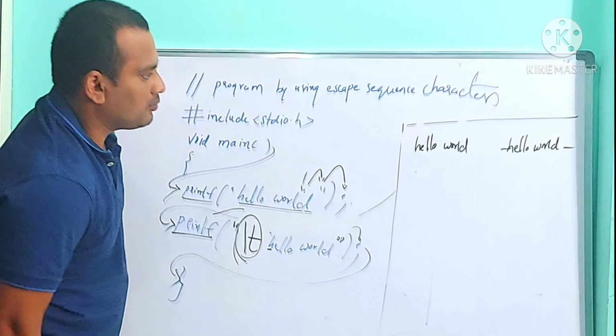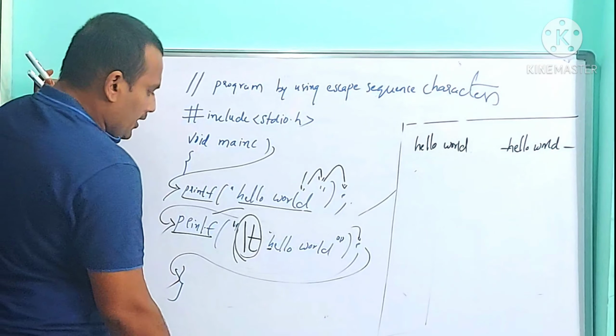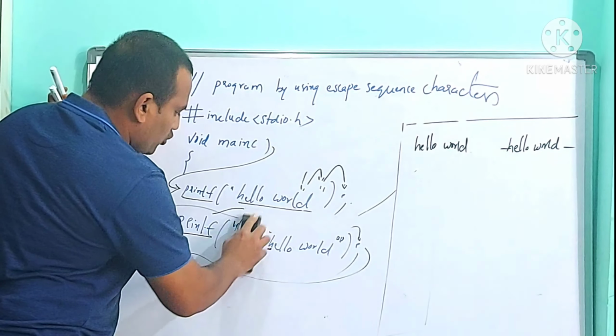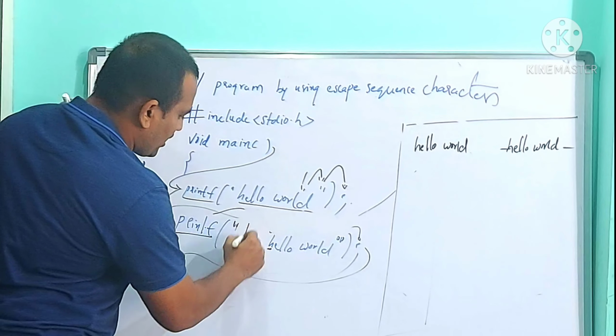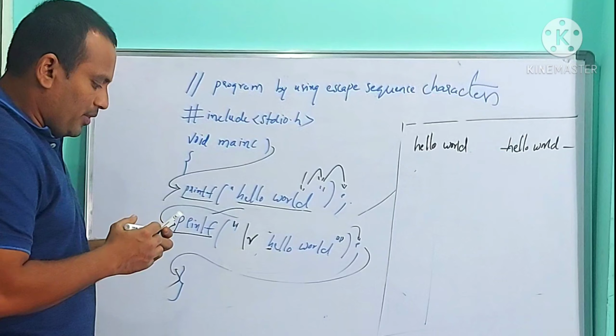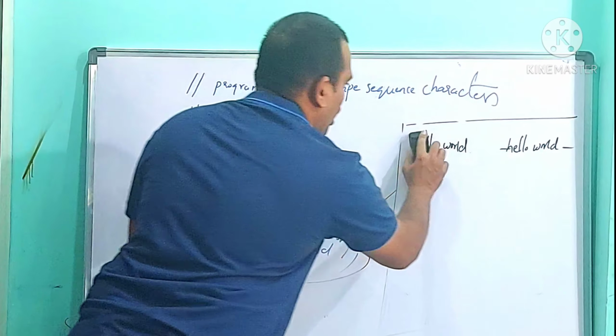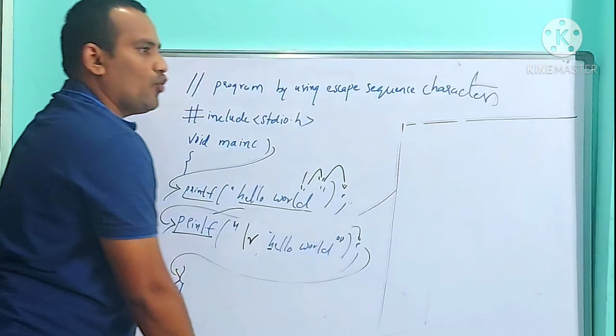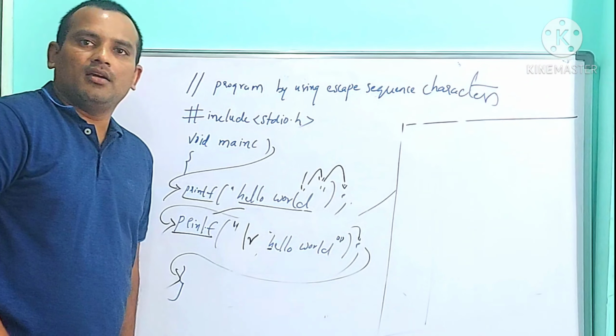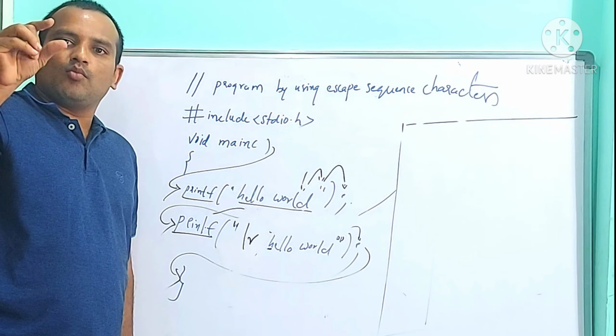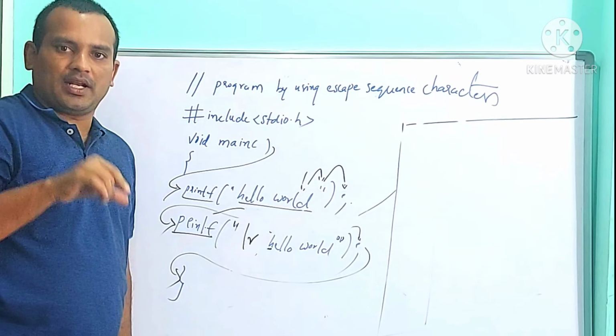Okay. Now instead of \t, I am going to use \r. \r means carriage return. When the runner reads \n, the cursor moves from the current position to the start of the next line.